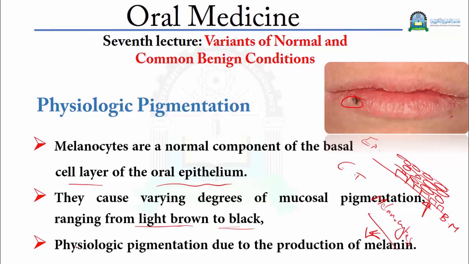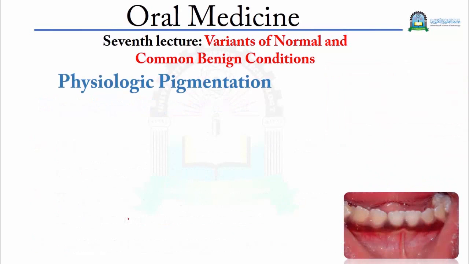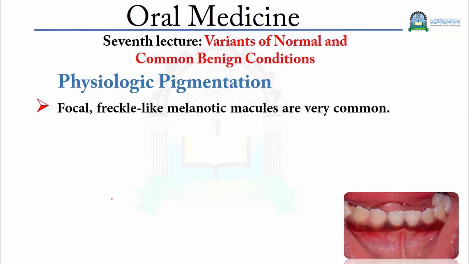Physiological melanin pigmentation, as we mentioned above, is due to production of melanin from the melanocytes. Clinically, it is also presented as focal freckle-like melanotic macules, as we see in the pictures.